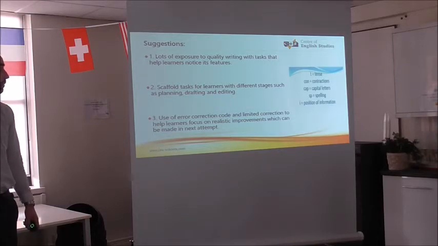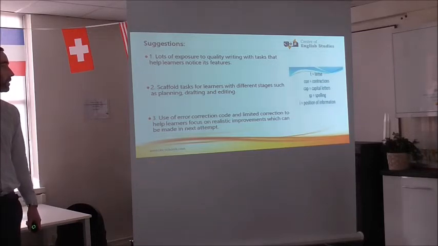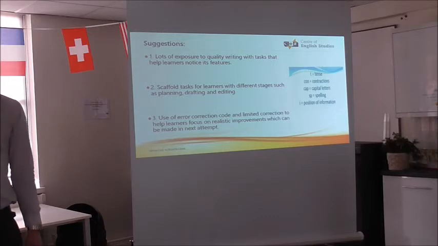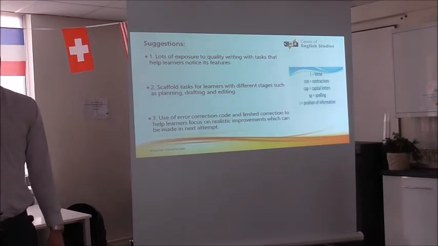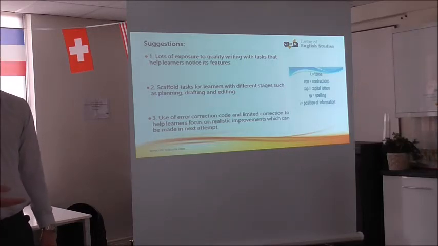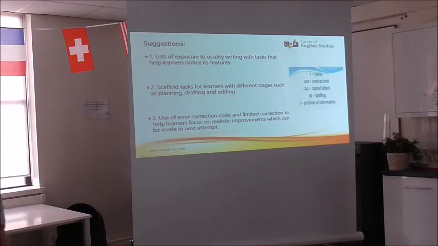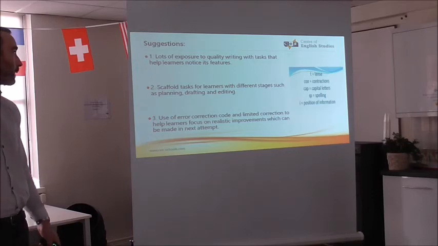And then something that I find very useful, we use in our school, is use of a correction code. So instead of just giving a student back a piece of writing and saying, well, these were the mistakes and this is how you fix them, you get the student to engage with where the mistakes are, so this can better help them the next time that they're writing.